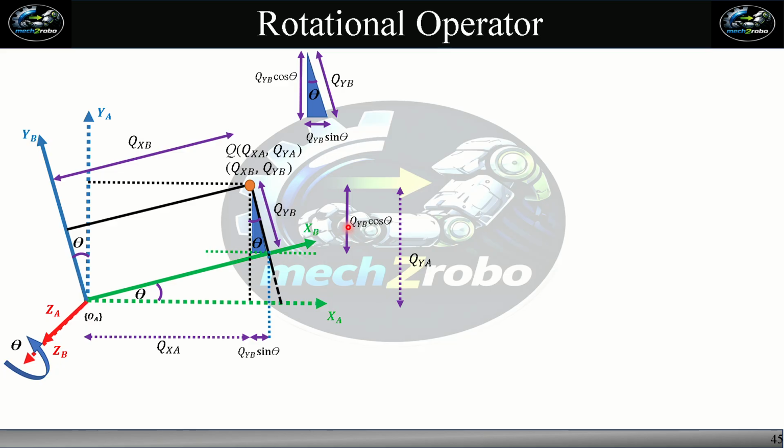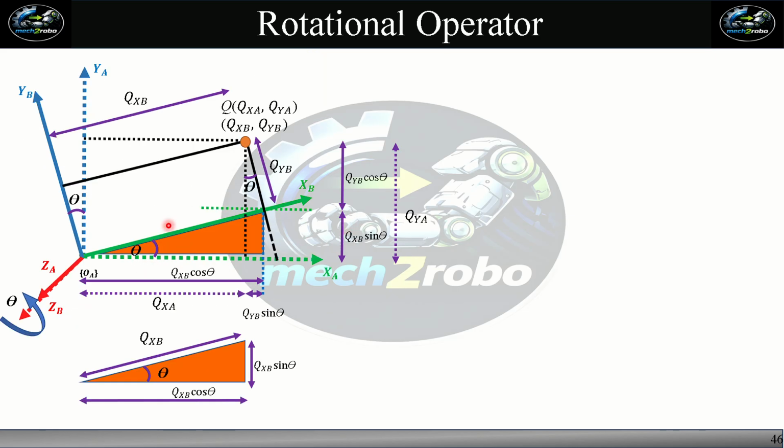Meaning we convert the components defined in frame B into frame A. Similarly, we resolve the QXB component along XA, YA. Thus, we get the projections in frame A of the point components which we defined in frame B.